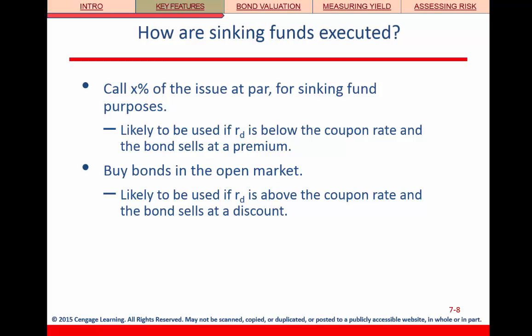And this whole thing about being a premium bond or a discount bond has to do with when market interest rates change. When market interest rates go up, bond prices go down. So this is the second example, and bonds sell at a discount. When interest rates go down, market prices of bonds go up, and then a bond is selling at a premium.